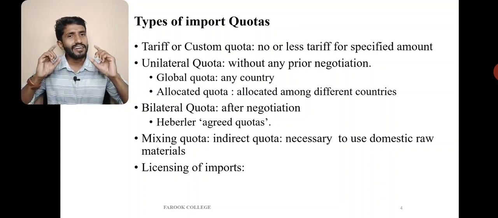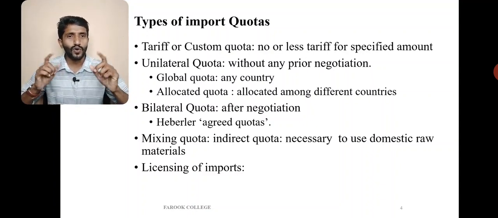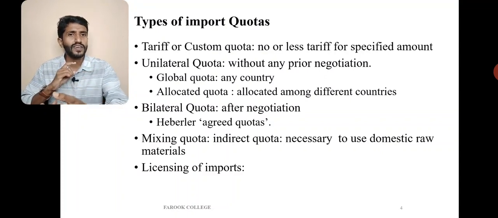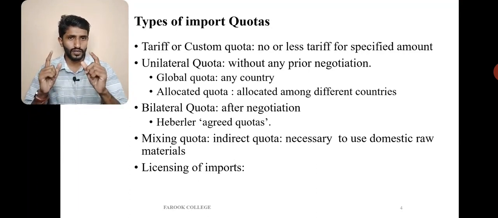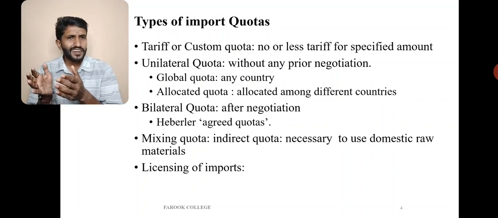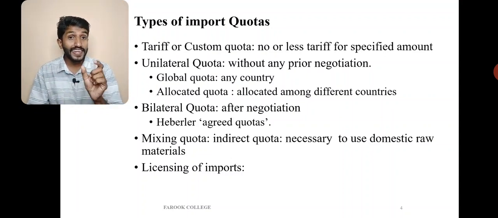So it is an agreed quota or bilateral quota, and together we fix the total quantity. It is also known as agreed quota because it is agreed by both nations.